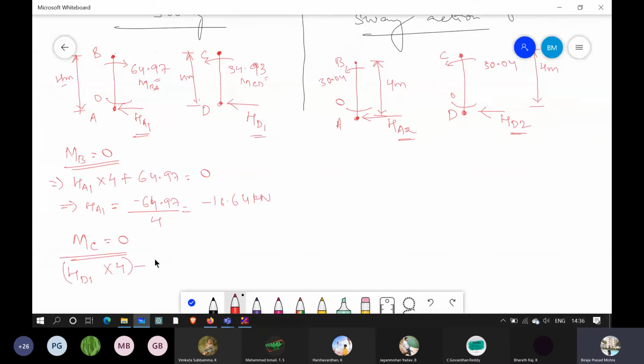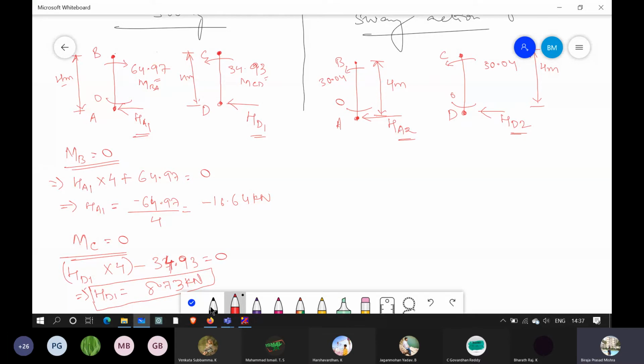This implies HD1 equals 8.73 kilonewton.